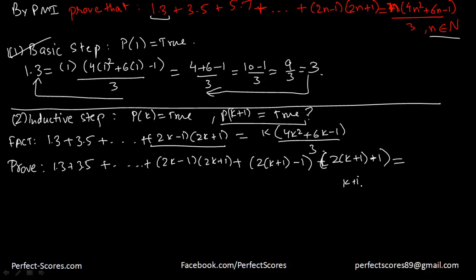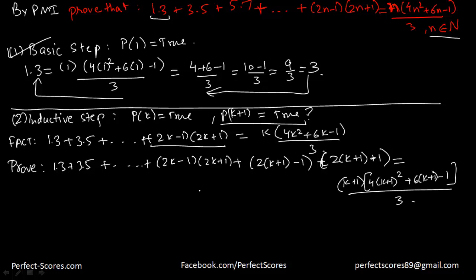Instead of k, I'm going to have k plus 1. That is k plus 1 into 4 times k plus 1 whole square plus 6 into k plus 1 minus 1, divided by 3. So that is what I have here.